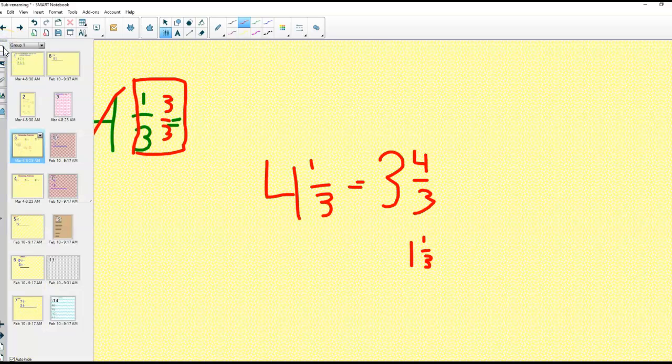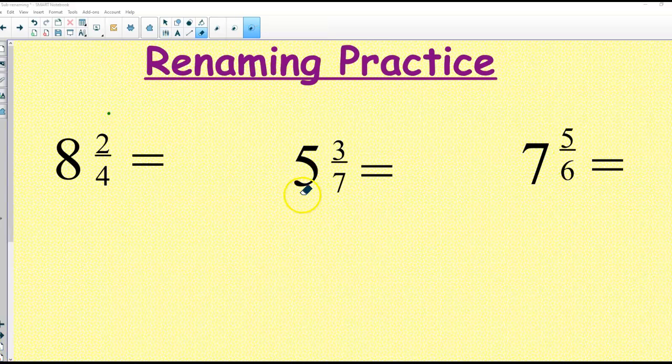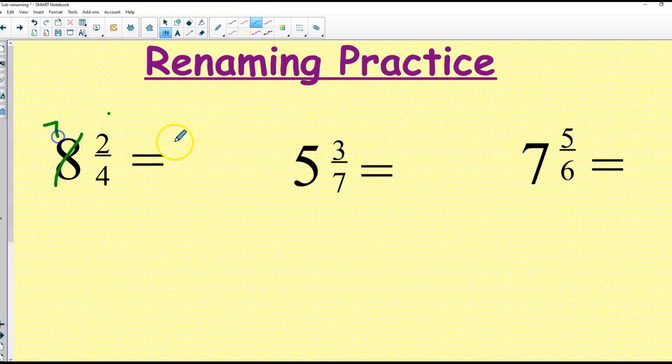Okay, let's look at some more that are like this. We're going to practice renaming these a little bit. So again, let's think back to what I did. I need to change 8 2/4 into another fraction, but it still has to be equal to 8 2/4. So we're going to borrow 1 from the whole number. We're borrowing a whole. So 8 becomes 7. So I know I have 7 wholes.